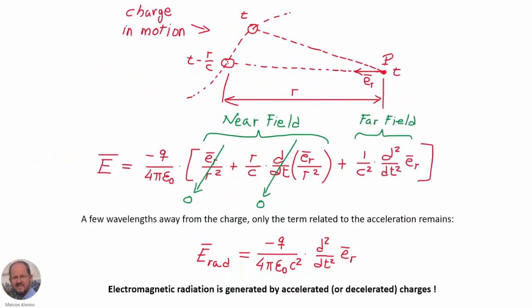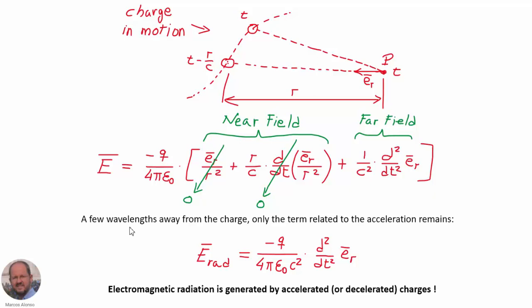So, summing up, in this presentation we are interested only in the electromagnetic radiation emitted by the particle. If we are far enough from the particle, we can neglect these two terms corresponding to the near field and consider only the term coming from the acceleration of the particle, which is the far field generated by the charge. Usually, far away from the particle means something like a few wavelengths away from the charge.